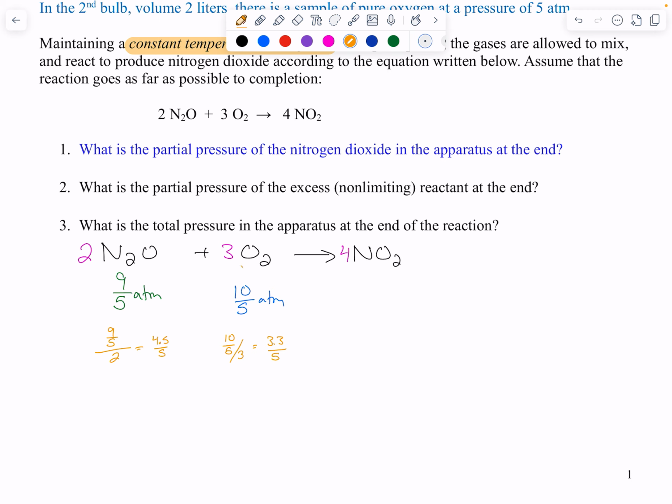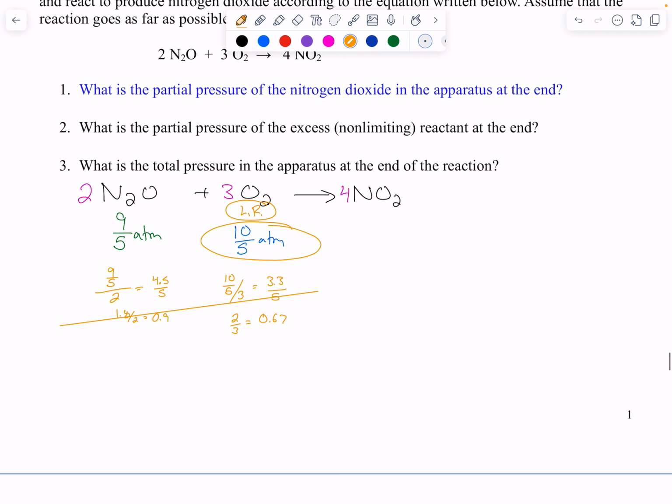And so that means oxygen is my limiting reactant. Now, if you don't want to do that, if you wanted to do 1.8 divided by 2, that would give you 0.9, and 2 divided by 3 to give you 0.67, not 6.7, 0.67. You could do it that way too, right? If you do the whole numbers. Again, that's your preference. All right. We know this is gone now, and I'm going to start with that one.